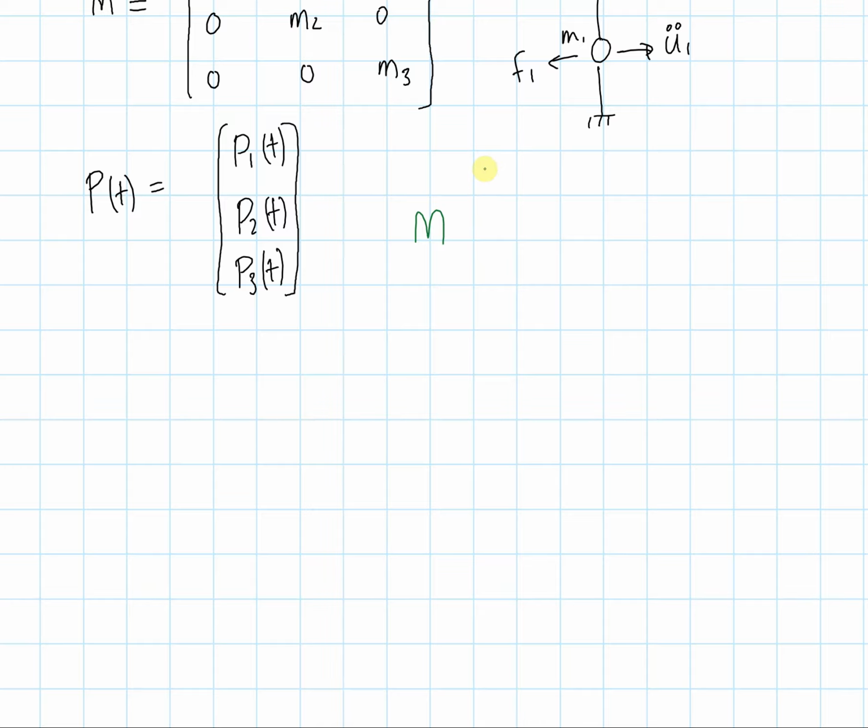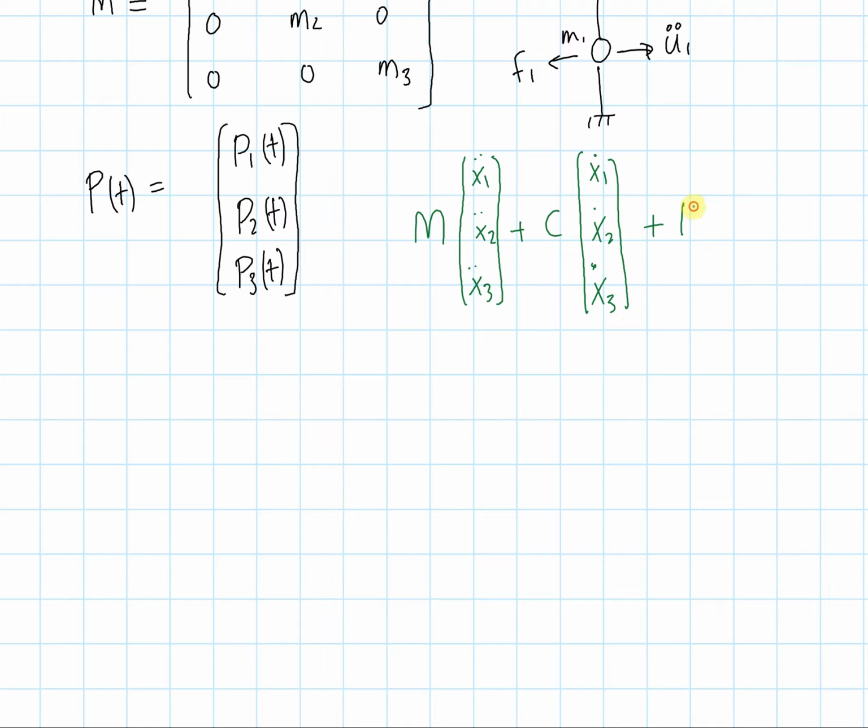I'll have x1, x2, x3 dot dot. Oops, maybe I can draw these nicer. It's a little difficult drawing lines with the tablet that I have, but here it is. And again, this vector manifests itself in terms of velocity. So I'll have x3.